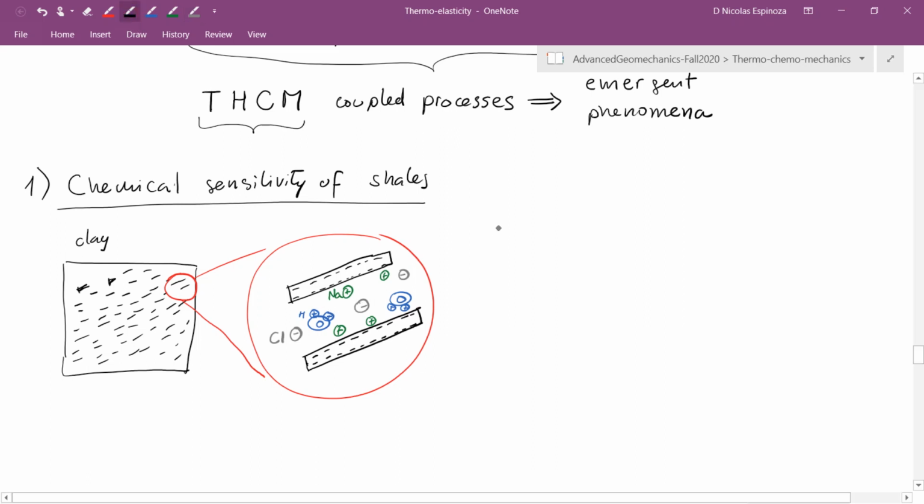And we see that the distance between platelets, d, is a function of the ionic concentration of the brine.